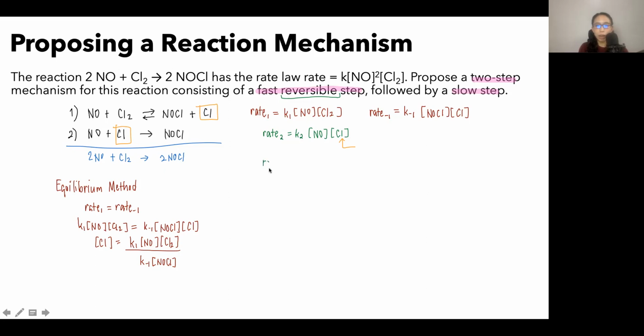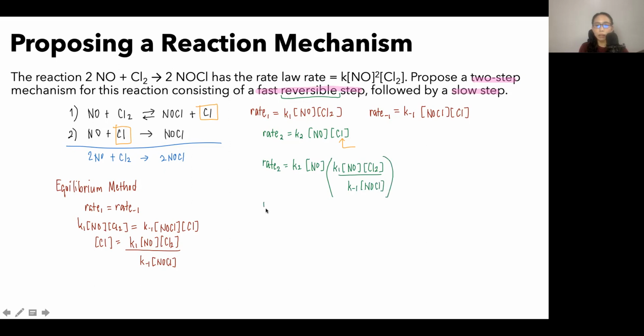So now we have rate sub 2 equals K2 times NO times this whole expression for the Cl concentration. So that's K1 times NO times Cl2 all over K-1 times NOCl.